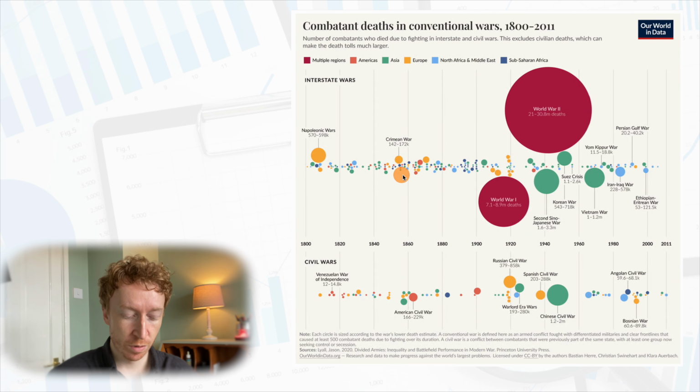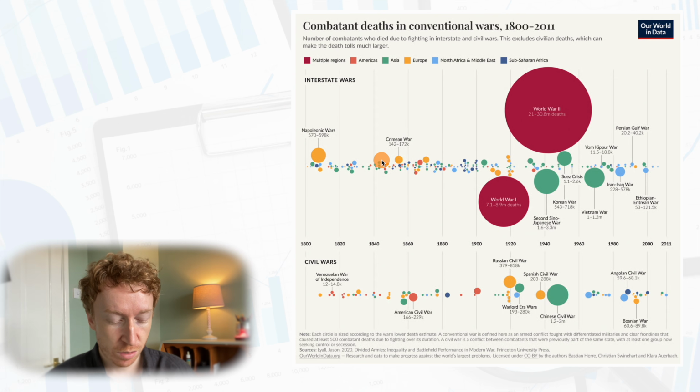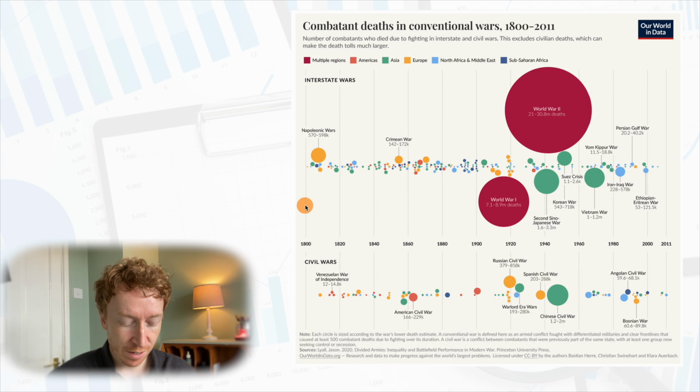Another notable war is the Crimean War here, in which between 142 to 172,000 people died. But really, between 1800 and 1900, there were lots of wars, but the death tolls were quite low during these wars.